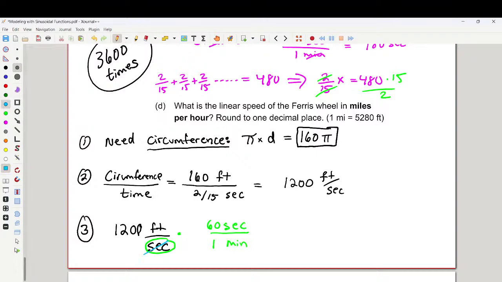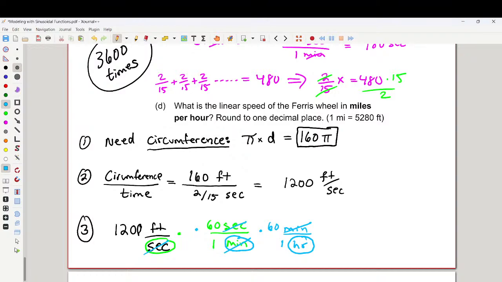Then these would cancel out, but I'm now going to get rid of minutes and go to hours, because I know 1 hour has 60 minutes. And so now I'm left with the correct unit of time.